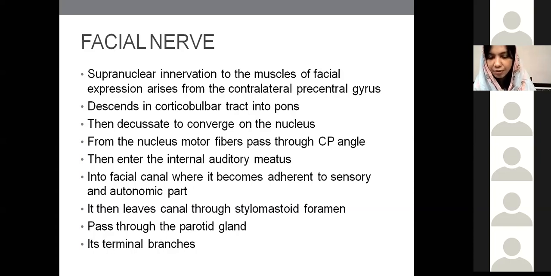It then leaves the canal through the stylomastoid foramen, passes through the parotid gland, and divides into its terminal branches. So it's a simple track. Supranuclear innervation from the precentral gyrus, corticobulbar tract, decussate, then descends into the pons, from the pons through the CP angle, internal auditory meatus, facial canal, from the stylomastoid foramen into the parotid gland.